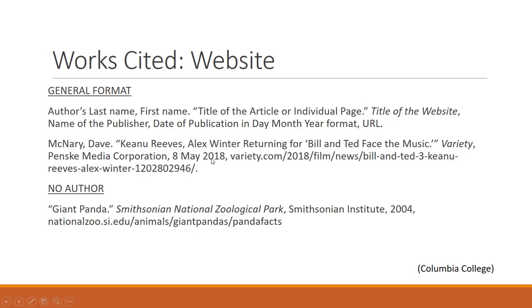But it's not required. Now, if there's no author, then you start with just the title. So in this case, that's Giant Panda, Smithsonian National Zoological Park, Smithsonian Institute, 2004, and then the web address, URL.